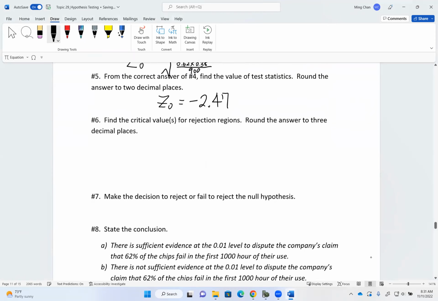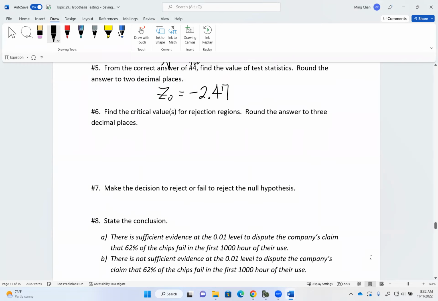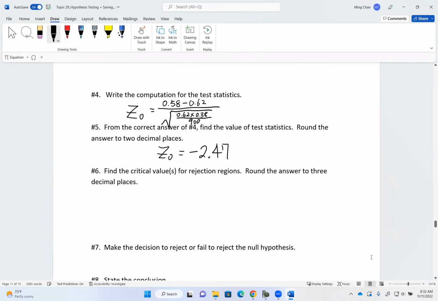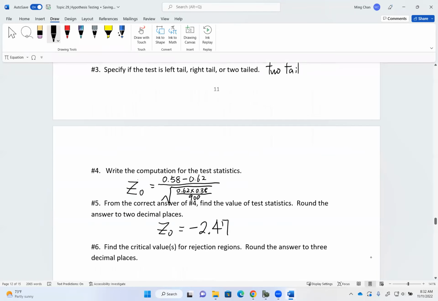All right, so we know this is a two-tailed test, right? So if it's a two-tailed test, that would be Z sub alpha over 2. So I know my alpha is 0.01.